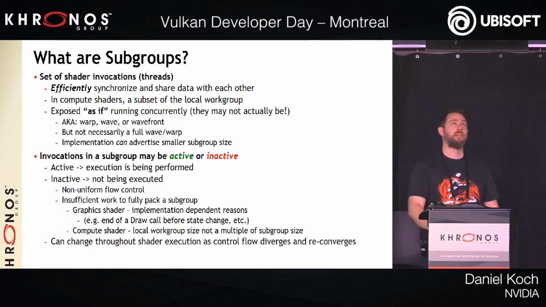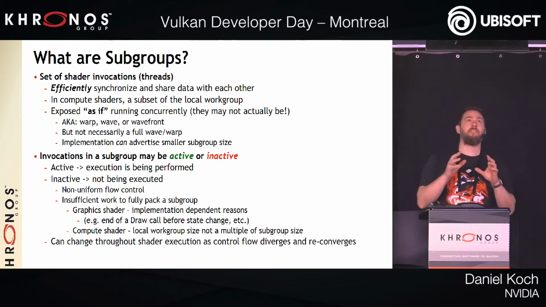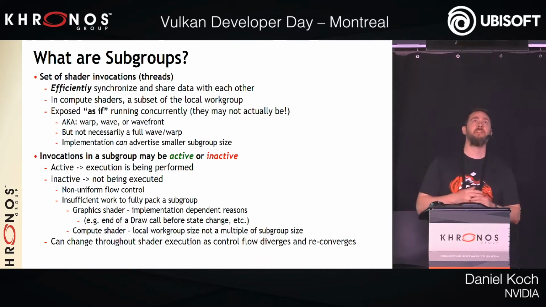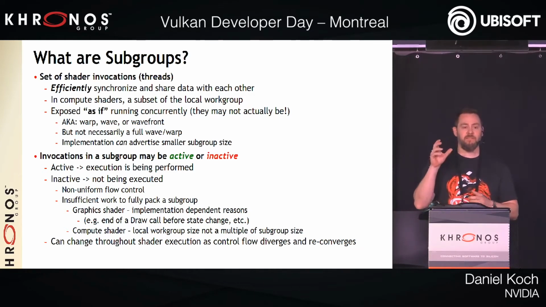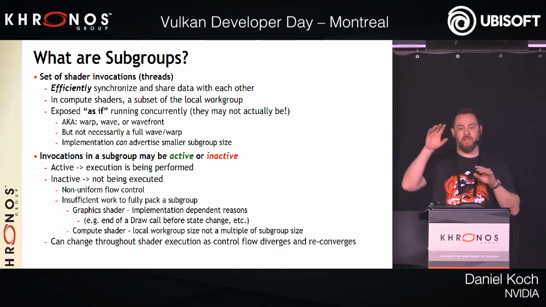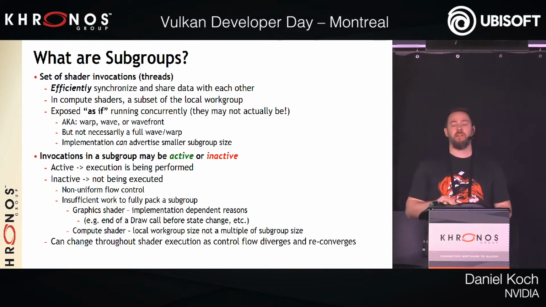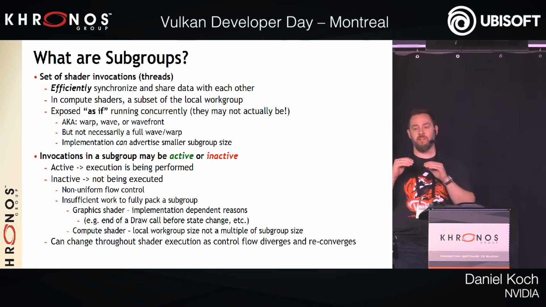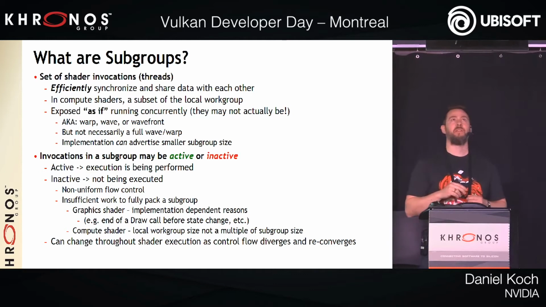So, back to the basics. What is a subgroup? A subgroup is a set of shader invocations. A shader invocation is basically a thread of computation. You may have heard of things called warps or waves or wavefronts. It's basically that set of threads that are all running effectively in parallel. So you think of them as running concurrently. They oftentimes are, but they may not actually be.